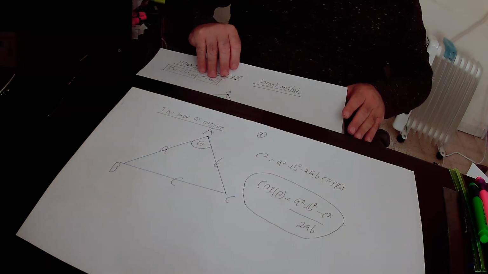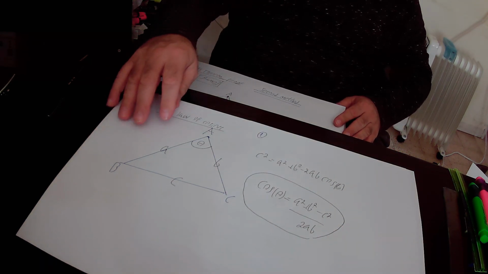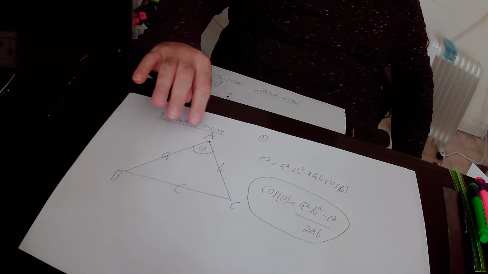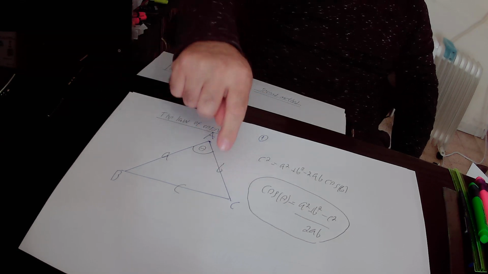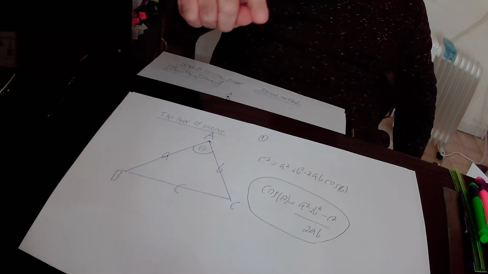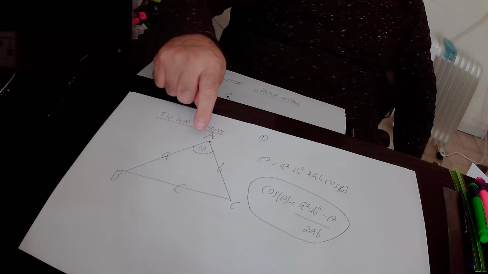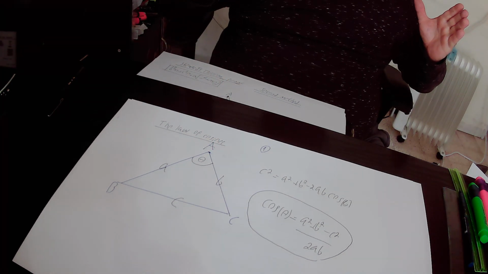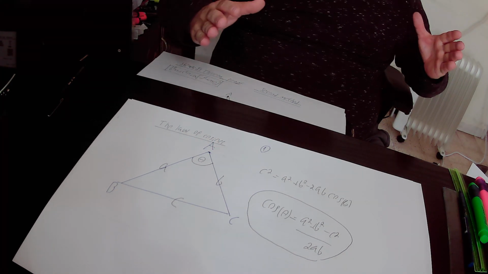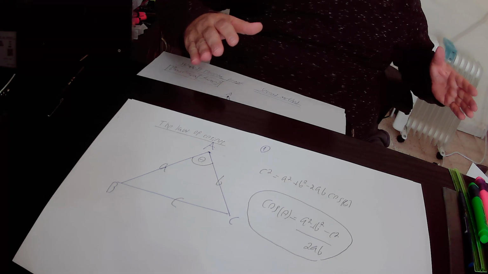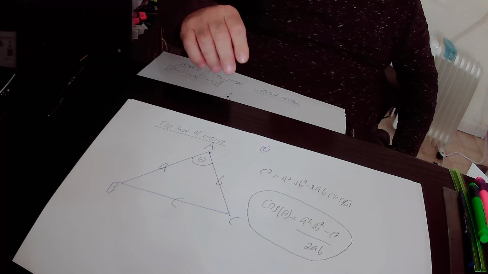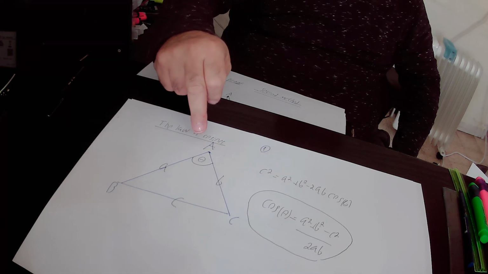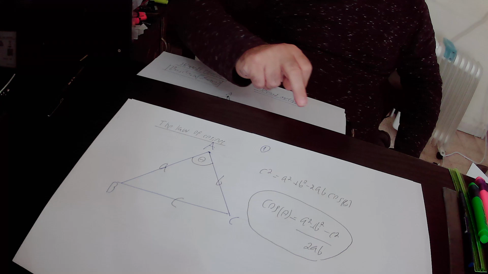The law of cosines is true in any triangle, so this triangle ABC could be any triangle. The length of side AB is c, side AC equals b units in itself, and side BC equals a units in itself. This angle BAC equals theta. So in any triangle, c square equals a square plus b square minus 2 times ab times cosine theta.